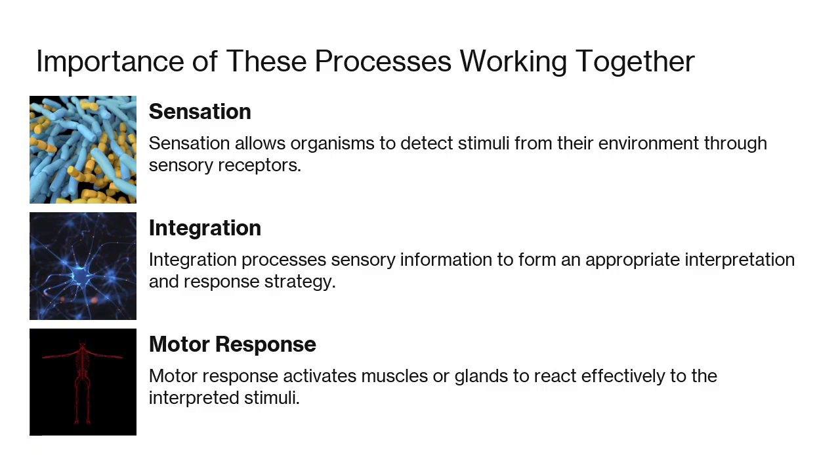So it's really critical that sensation, integration, and motor response coordinate and function, which enables the organism to perceive, interpret, and react effectively to their environment, ensuring survival and well-being. We've got to be able to sense, we've got to be able to process as quickly as possible, and get that response back to the system as quickly as we can.